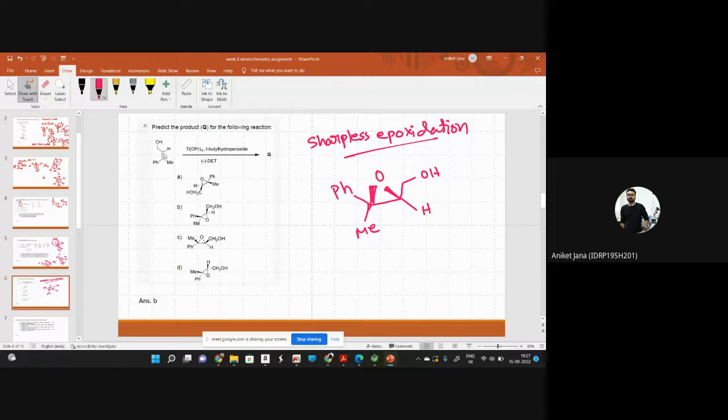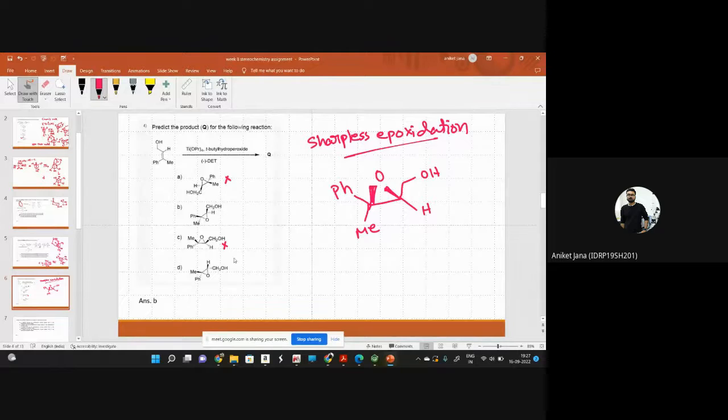No, this is C. The connectivity is not right here. Here hydrogen and the phenyl are trans to each other, but here hydrogen and phenyl are cis to each other. Right, so this is also not right. Here also phenyl and the hydrogen are cis to each other.